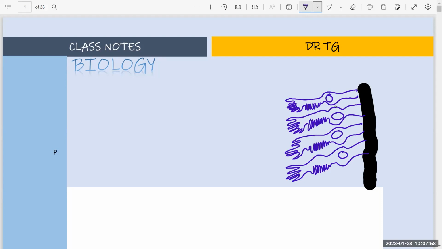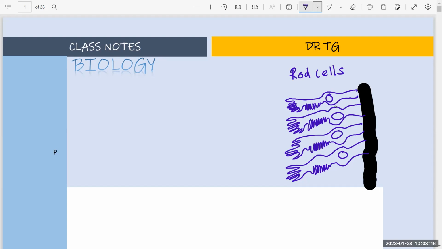So these are the photoreceptors, rod cells, right? So I write here rod cells. Some millions of rod cells sitting on the choroid.